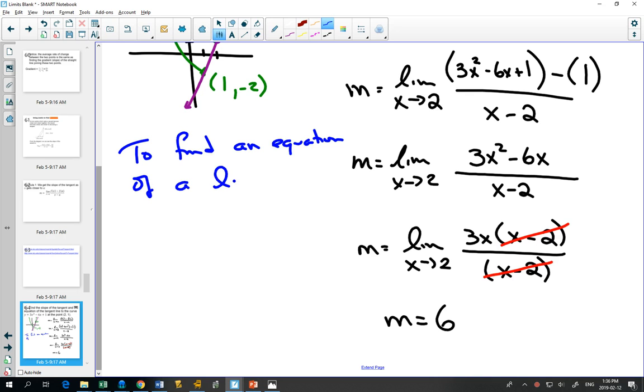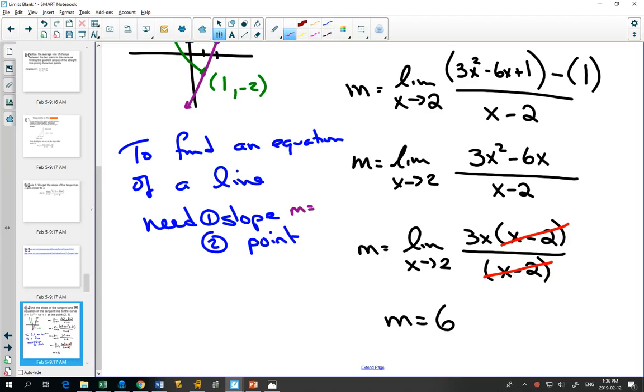To find an equation of a line, we want to find the equation of that purple line. You always need 2 things. You need the slope, that's thing number 1, and you need a point. That's thing number 2. For our purple graph, we just figured out that our slope was 6.